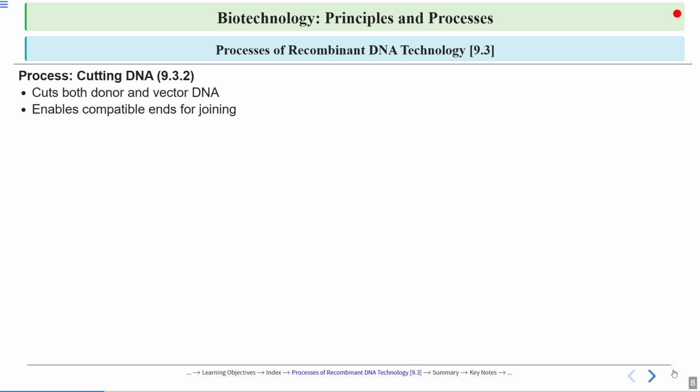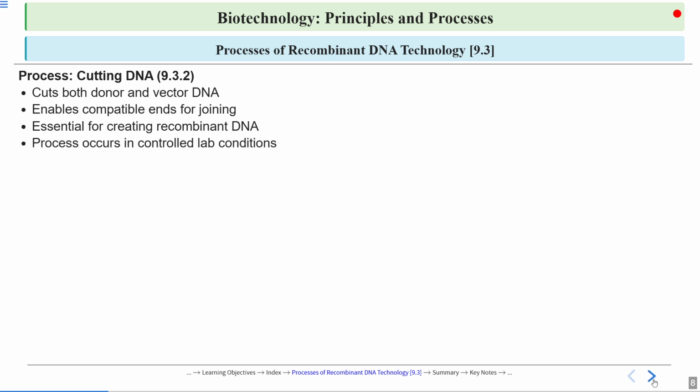It enables compatible ends for joining. It's essential for creating the recombinant DNA, because if the enzyme doesn't cut the donor and vector DNA, how are they going to join, or how is the recombinant DNA going to be made?